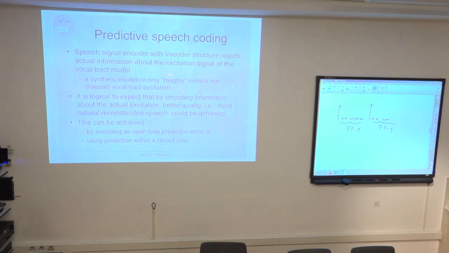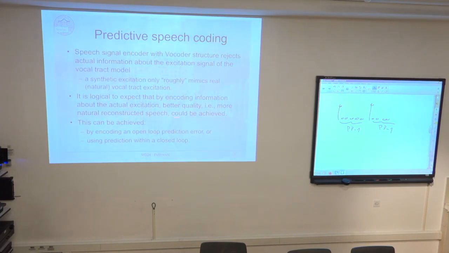And so this synthetic excitation only roughly mimics the actual or real vocal tract excitation. It is logical to expect that if I somehow add additional bits to encode this information about the excitation, I could get better quality, more naturally reconstructed speech than with the LPC coder.